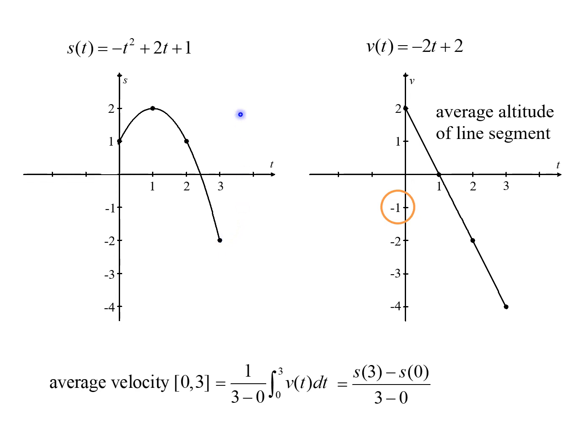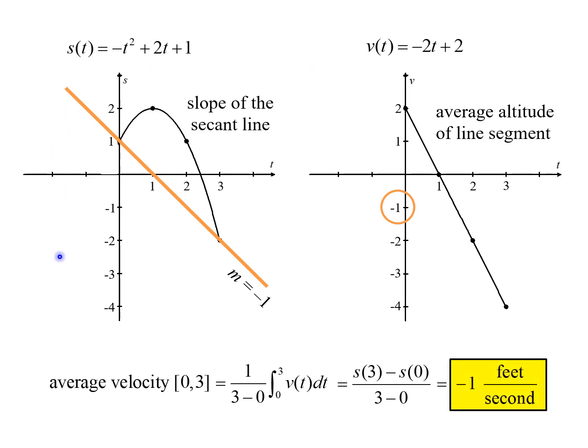And that's really what it is. It describes the slope of something called the secant line, and the slope is -1. So whether you're interpreting the average velocity from the velocity graph or the average velocity from the position graph, you get -1 feet per second.